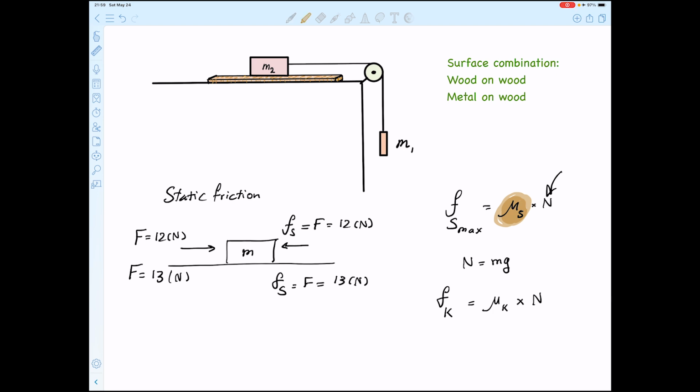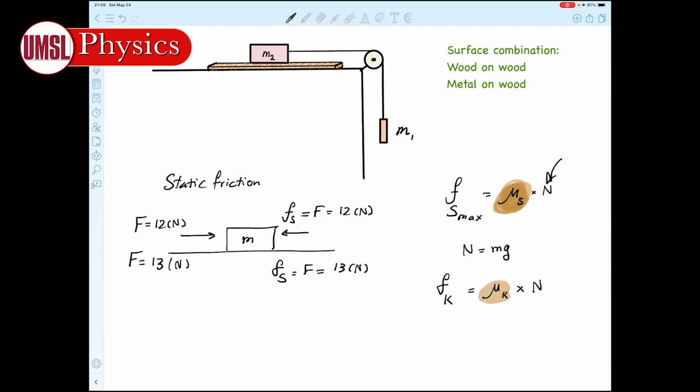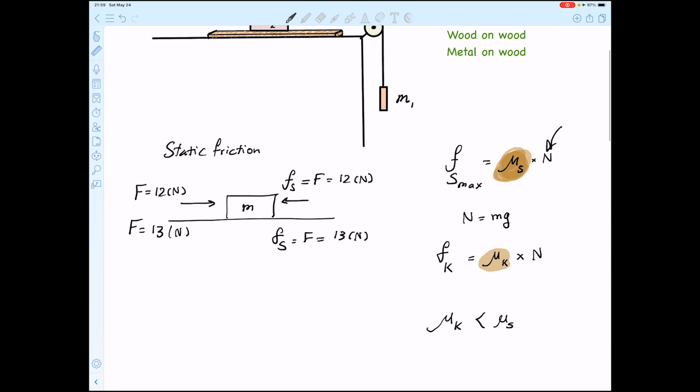And again, this mu k is different from mu s, and both depend on the material. One thing that we need to know for sure is that mu k is always less than mu s. In other words, Fk is always less than Fs.